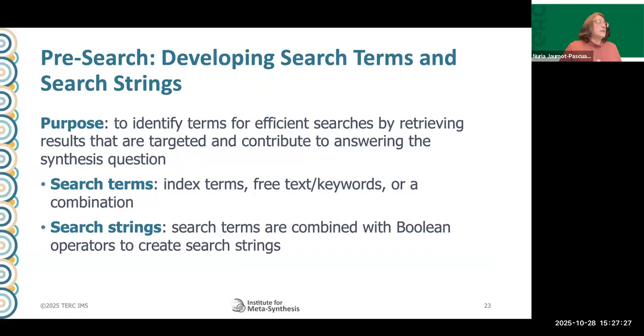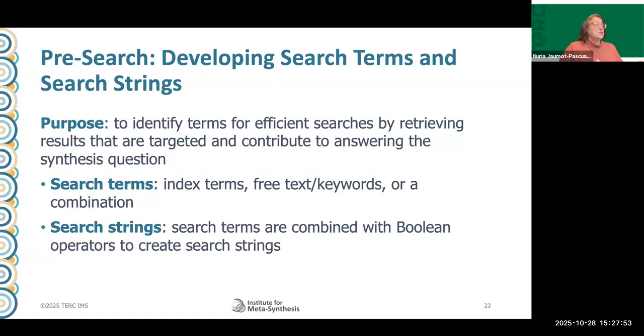Then, one of the things that we need to do is develop search terms and search strings. The purpose of this is to identify terms that will allow you to do efficient searches, to retrieve results that are targeted and contribute to answering the synthesis question that you're trying to address with your synthesis.